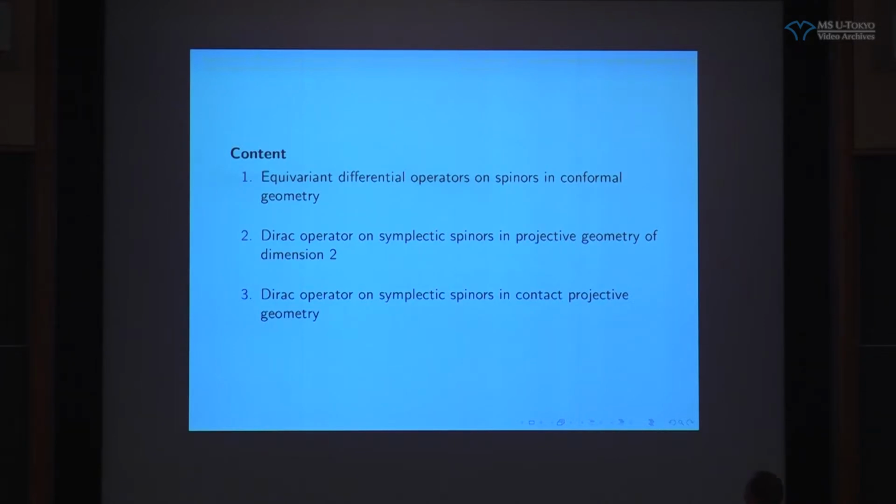The content of my talk can roughly be divided into three parts. The first part is to show you, based on the F method, the classification of equivariant differential operators on spinors in conformal geometry. The second part of my talk, I will switch to the symplectic situation, and I will describe the realization of the constant symplectic Dirac operator acting on symplectic spinors in projective geometry of dimension 2.